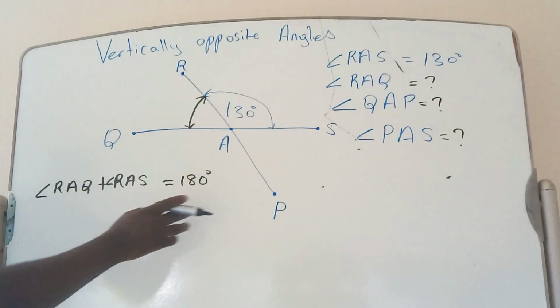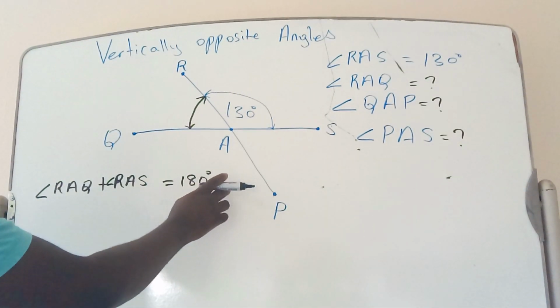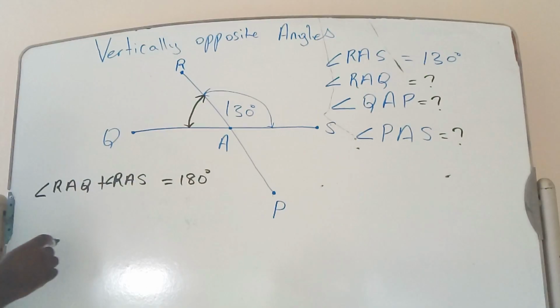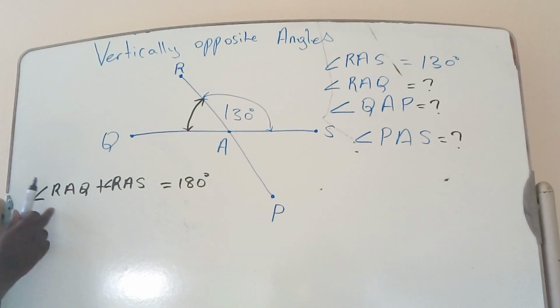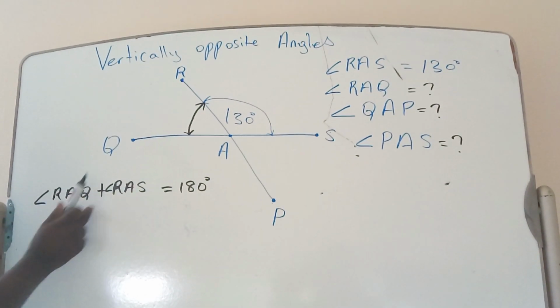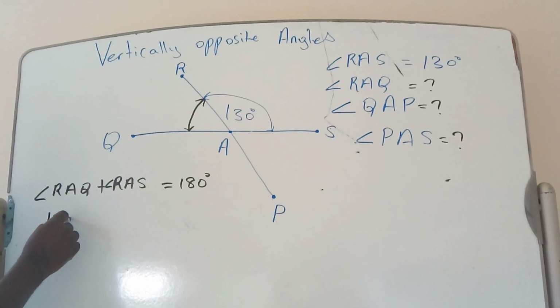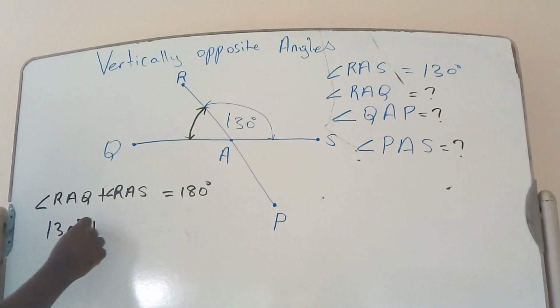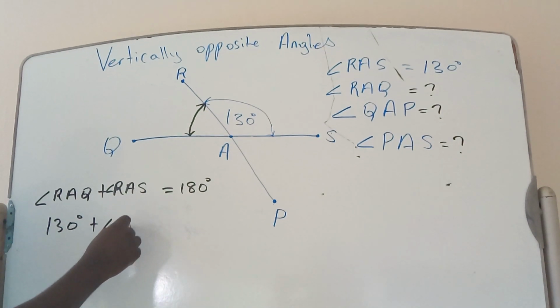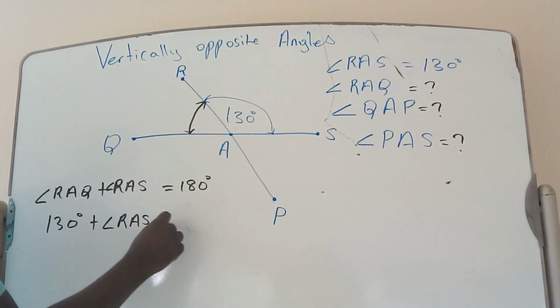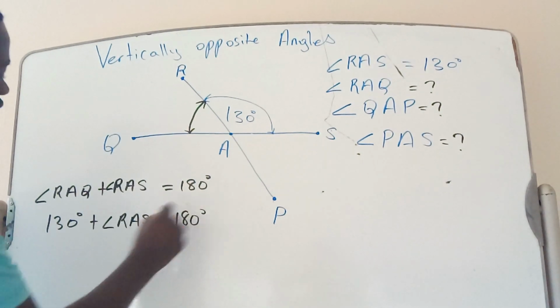And the reason for that is they are supplementary angles. Now, they tell us that angle RAQ is 130. So 130 degrees plus angle RAS is equal to 180 degrees.